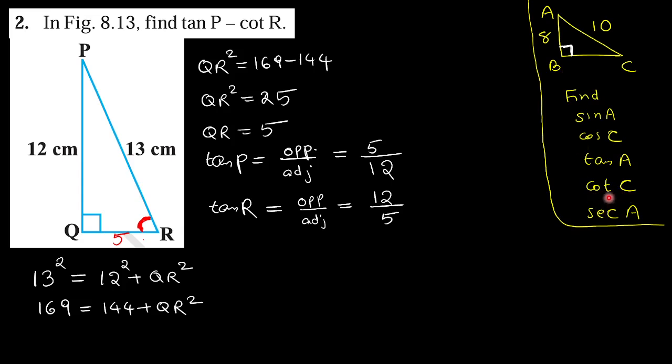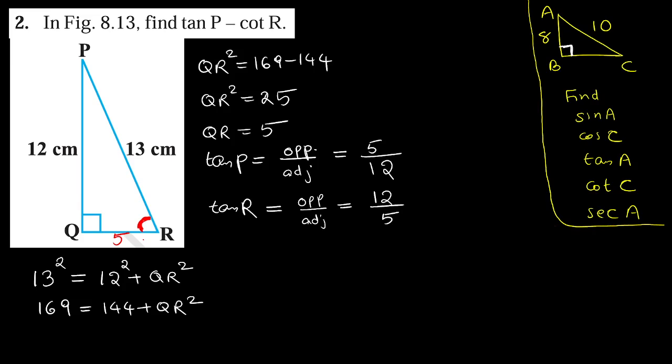Cot C is 6 upon 8. Yes, correct. What is sec A? Sec A is 10 upon 6. Are you sure? Sec A is 1 upon cos A, right? Sec A is 10 by 8. Please check your solution. Yeah, I got confused with cos C. Okay, just 1 minute.